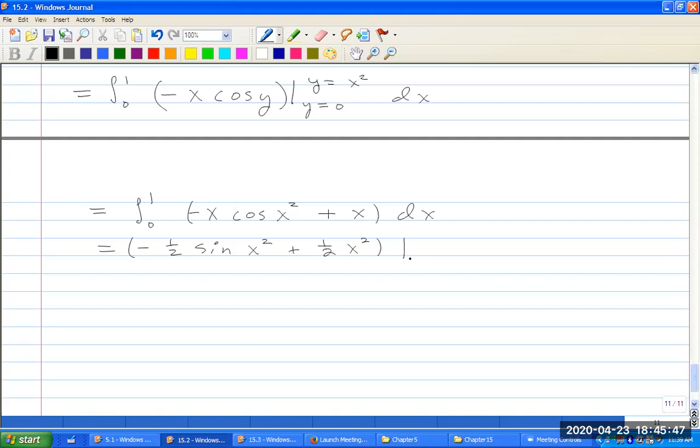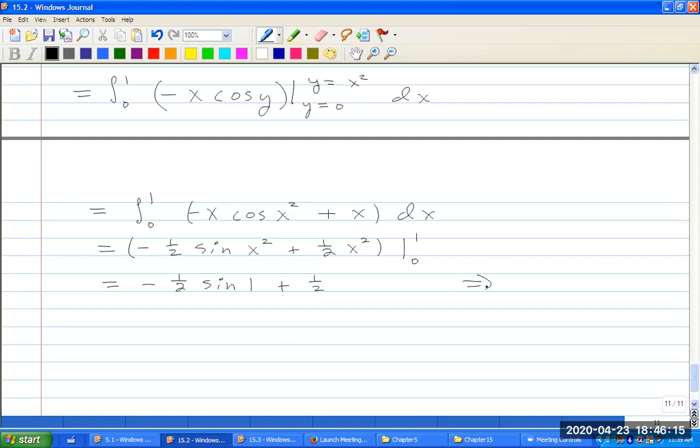I'm going to evaluate this between 0 and 1. So let's plug in 1. I get minus 1/2 sine of 1 plus 1/2. If you plug in 0, you get 0.